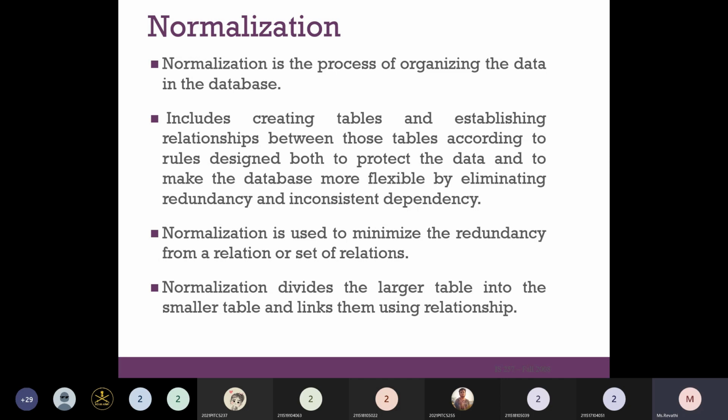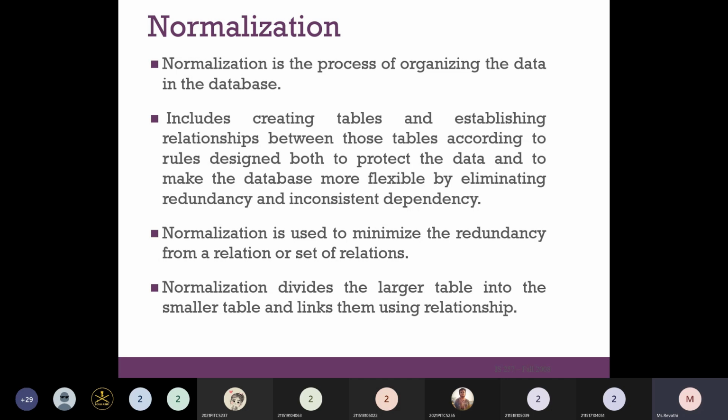That is the solution to redundancy. Redundancy removal is obtained by dividing the large table into smaller parts and establishing a relationship between them. We can make a solution which has minimized redundancy.